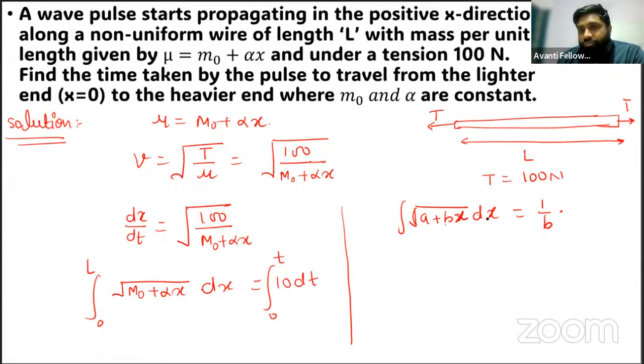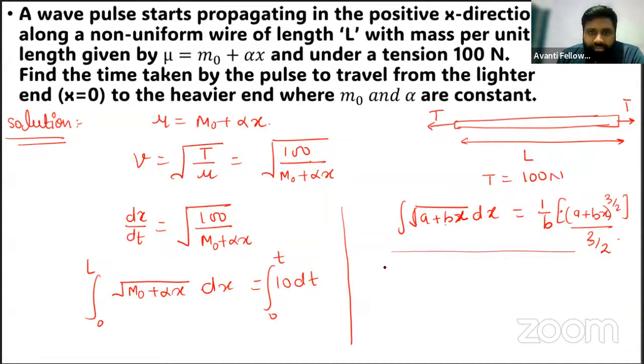So integration of root x, I have told you, is x raised to the power 1 by 2, and the integration of this will become x raised to the power 1 by 2 plus 1 divided by 1 by 2 plus 1. So we can write it as a plus bx, now remove this square root, a plus bx raised to the power 3 by 2 divided by 3 by 2. The same thing we need to do here.